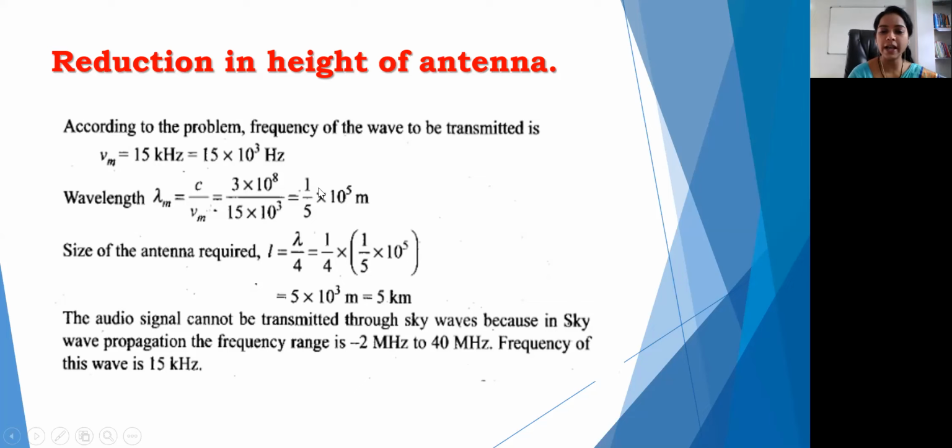This will be calculated as 1 by 5 into 10 raised to power 5 meters. Can you imagine such a long antenna for a wavelength of 1 by 5 into 10 raised to power 5 meters? This is not a short antenna. I have given you one example that you are using a satellite communication system for your mobile phones, for your cell phones.